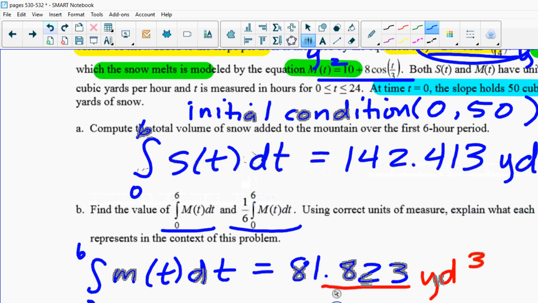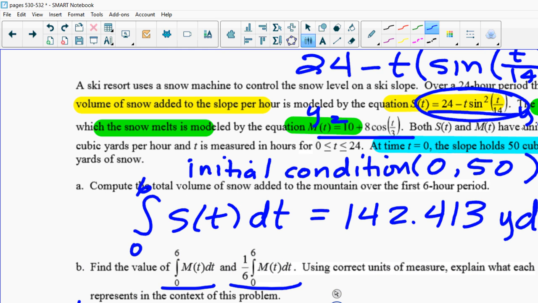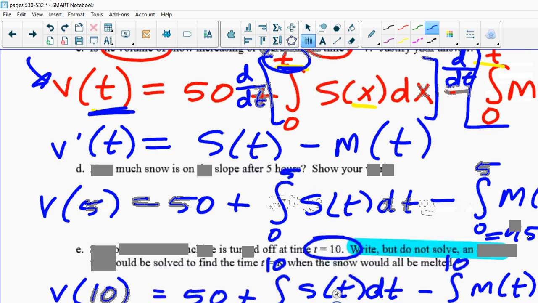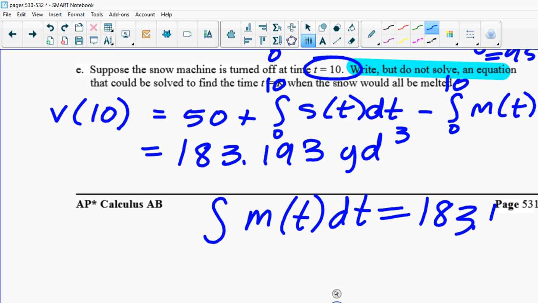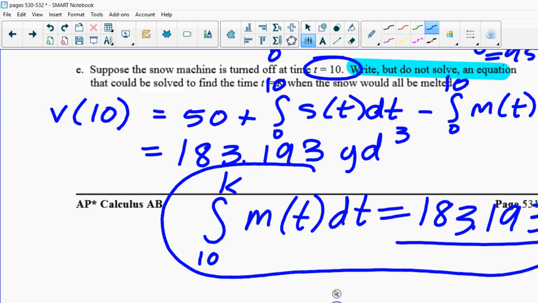So to find the amount, I'm going to have to integrate. So I want the integral from where to where of m of t dt to equal 183.193? Why do I start at 10? Good, because that's where we're starting. That's when we have this much snow on the ground, and it's going to go 10 to where? That is the right answer, but do not solve.